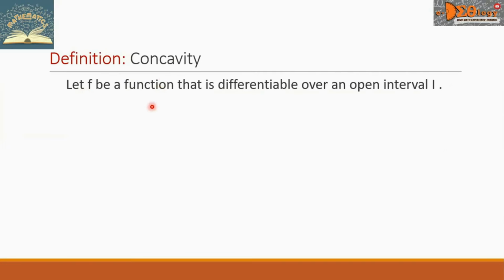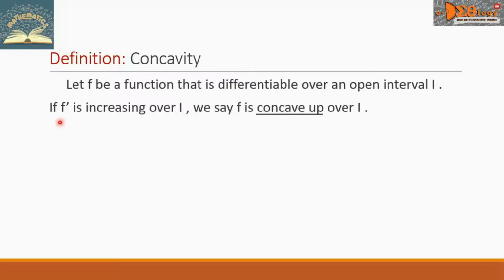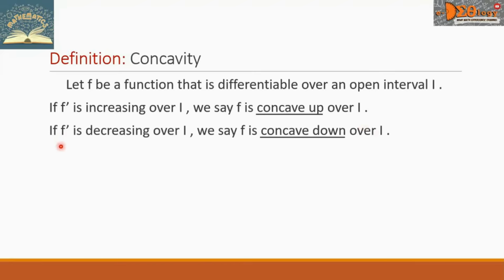Let f be a function that is differentiable over an open interval I. If f prime, or we say if the derivative, is increasing over the interval I, we say the function f is concave up over the interval I. If f prime is decreasing over the interval I, we say f is concave down over the interval I.